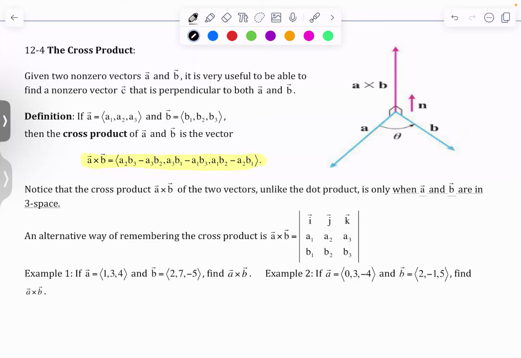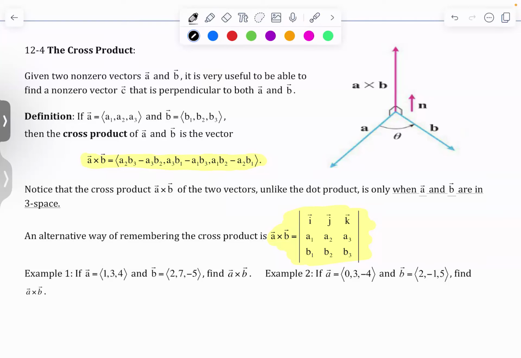All right, and so the big one is here. A cross B is going to be all of this here, and this is what I'm going to focus on for the rest of the lesson today. So A cross B: the very top row are our unit basis vectors, i, j, and k. i is in the direction of the x coordinate, j is in the direction of the y coordinate, and k is in the direction of the z coordinate.